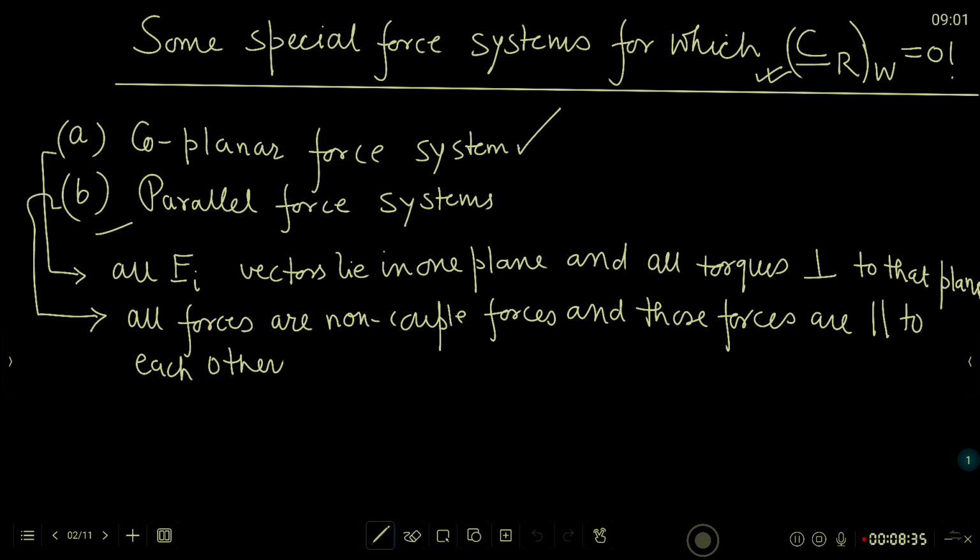In this slide, I was saying that there are some special force systems for which C_RW turns out to be 0, and the wrench is comprised of one single force acting at a special location. I gave one example of a coplanar force system, and then later I gave an example of a distributed coplanar force system as well.